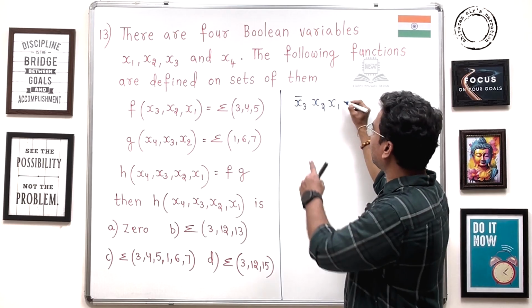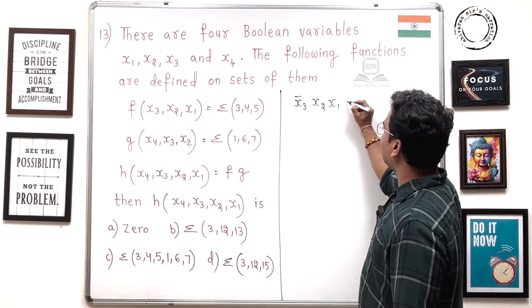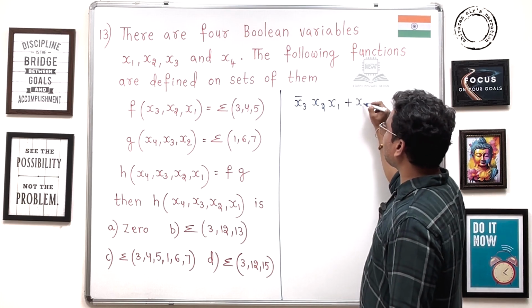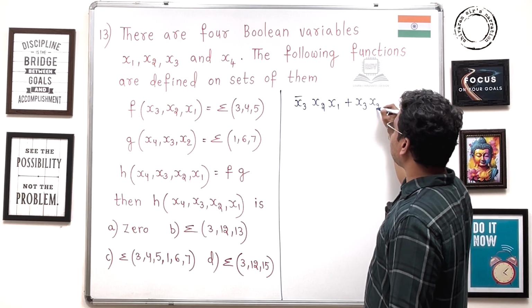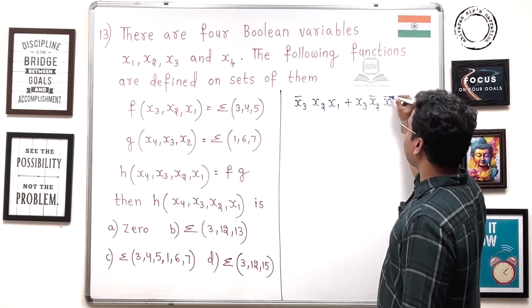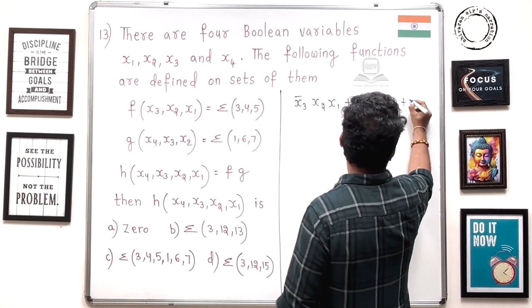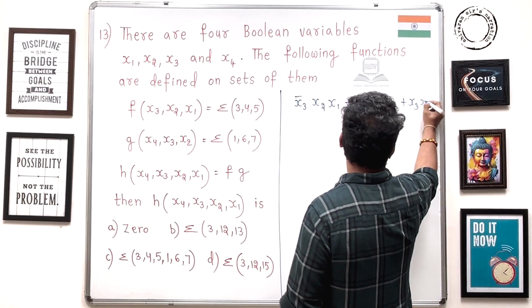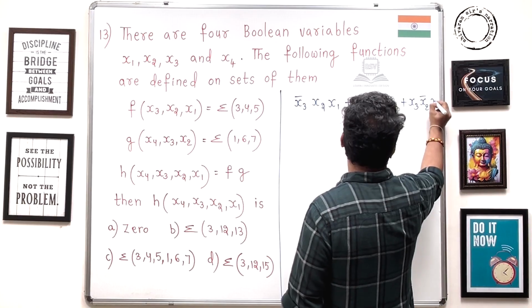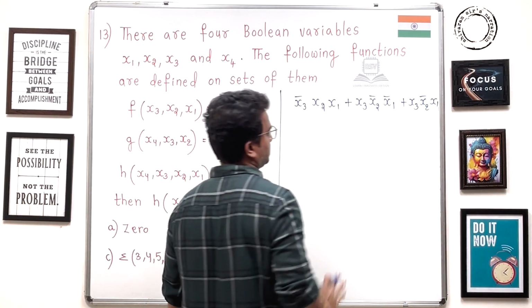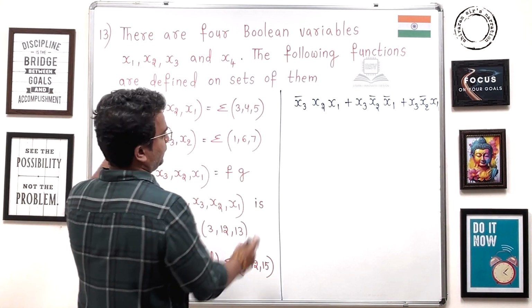And again 4 means 1, 0, 0. Hence, x3, x2 bar, x1 bar. Again 5, 1, 0, 1. Hence, x3, x2 bar, x1. This is the expression for f.